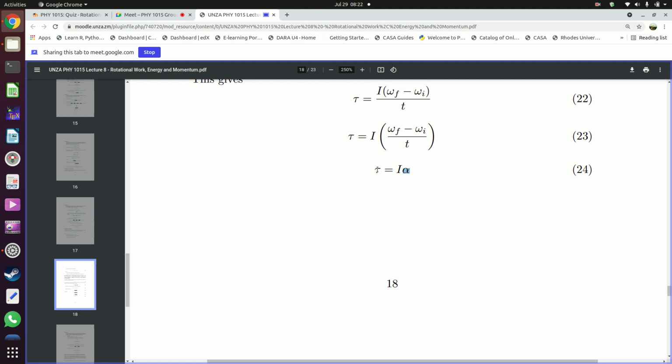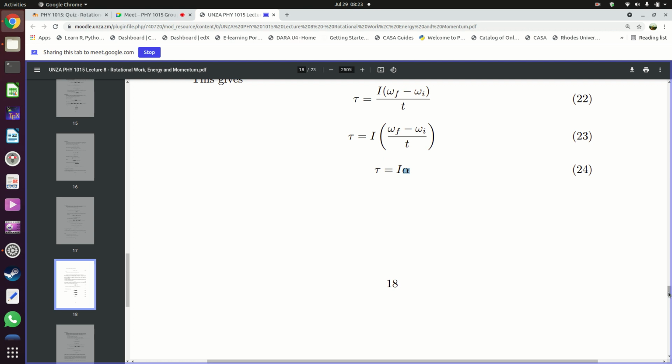So if there is a torque present, it is going to show itself in terms of acceleration. When there is angular acceleration, it basically means that the amount of angular motion is going to increase. If there's going to be an increase in angular motion, then there can be no conservation.